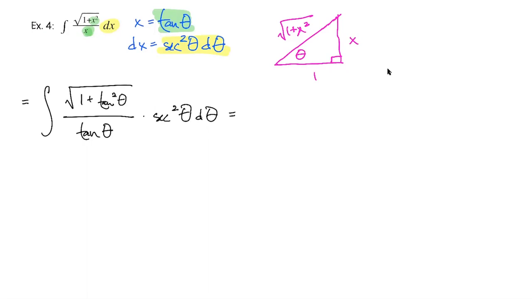Now I'm going to use the work that I did earlier. Square root of 1 plus tangent squared is just going to be secant theta. Now, what does that give me here? Well, that gives me a situation where I can have secant cubed on the top over tangent.